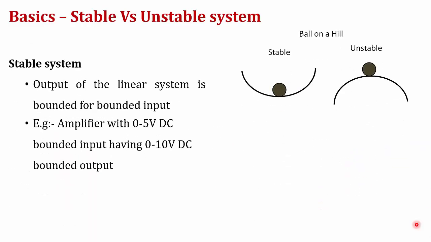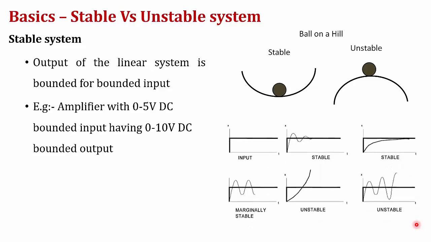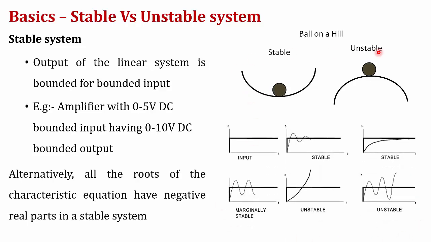Now let's look at stable and unstable systems. Based on the diagram itself, you can see which one is the stable system and which one is not. The ball on a hill shows the stable and the unstable system. A bounded output for a bounded input is said to be a stable system. As an example, an amplifier with a range of 0 to 5 volt DC, which is the bounded input, having 0 to 10 volt DC bounded output.